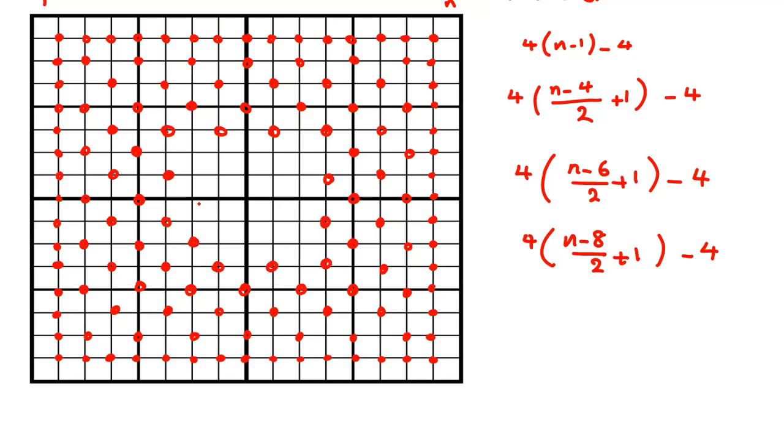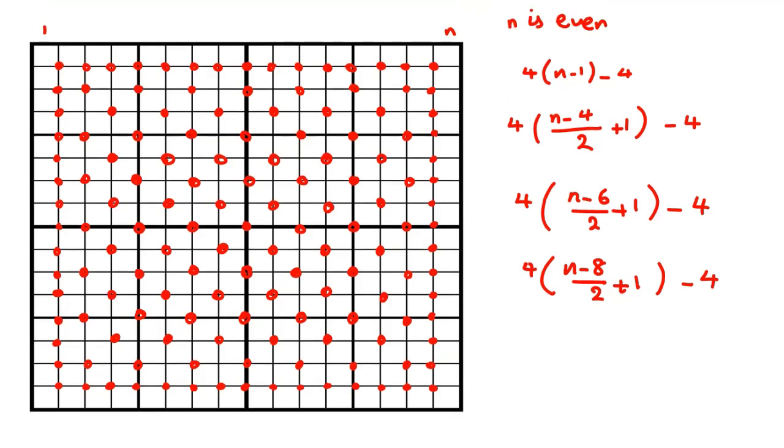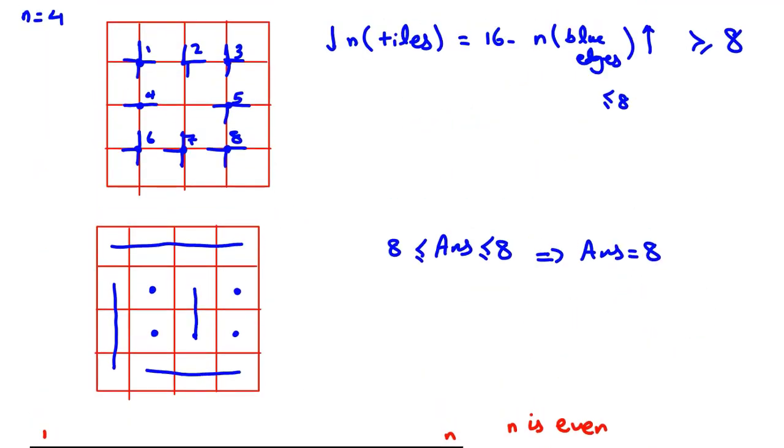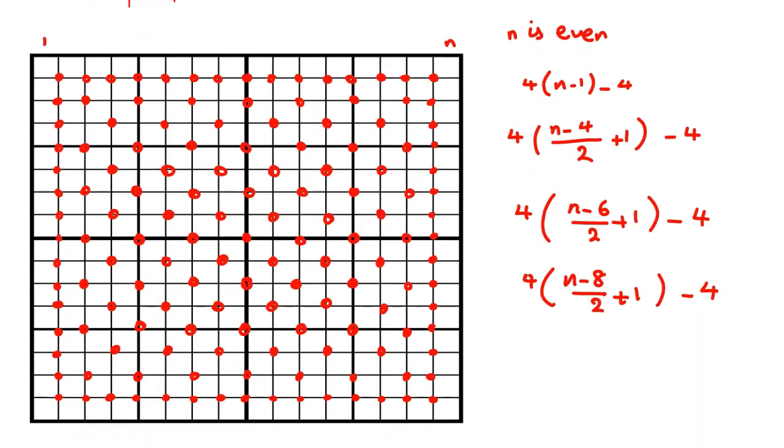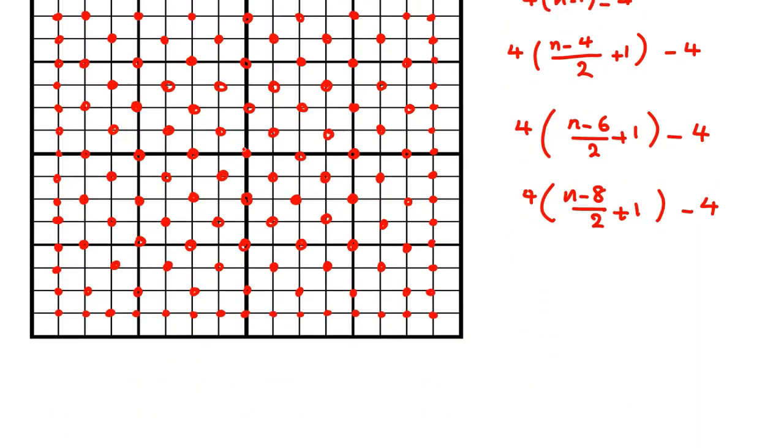Okay, let's continue. In the next step, we should select this one, this one, this one, this one, and this one. And then at the end, we will select this one, this one, this one, this one. And here we have to select this. So here we've selected the center, right?